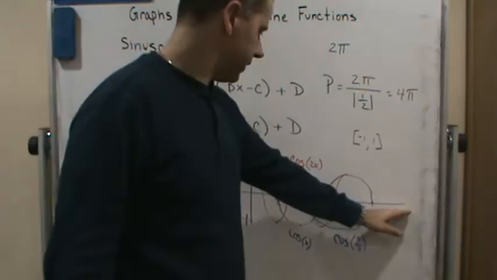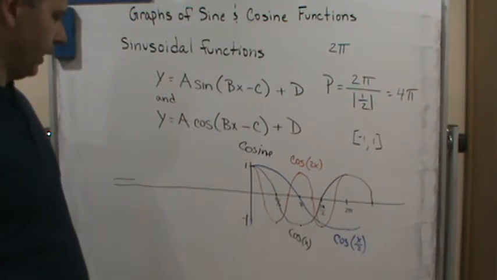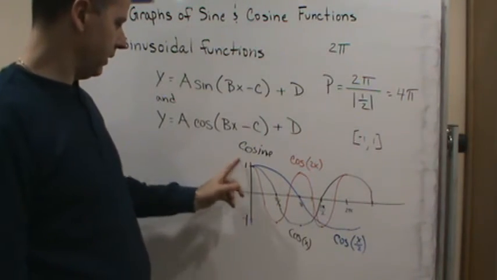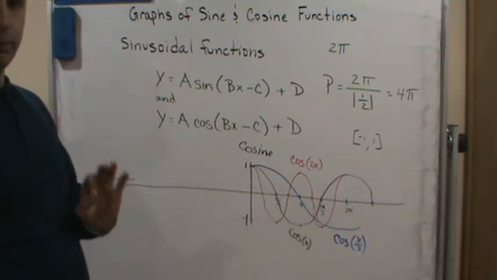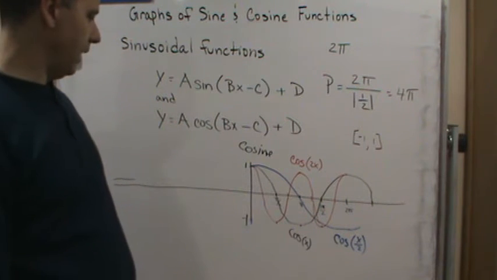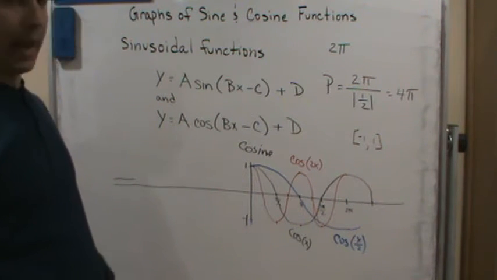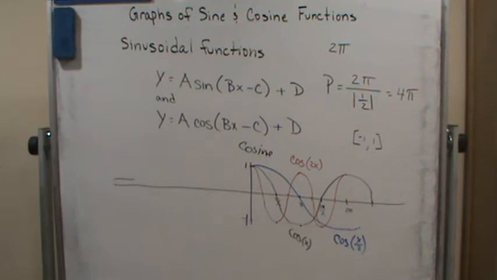Okay, so this is the midline, and the vertical height from the midline, the maximum vertical limit, is A, or the absolute value of A, I should say. Okay, the vertical height from the midline is absolute value A, okay?